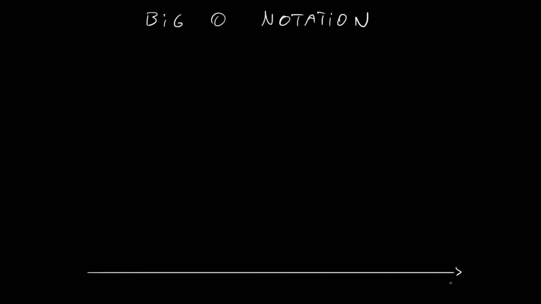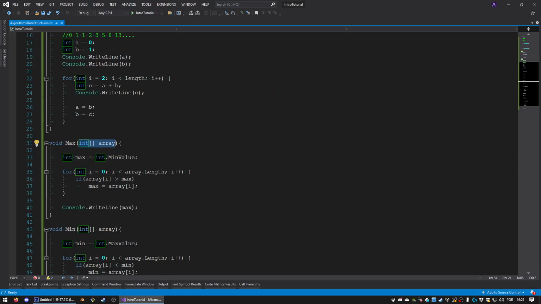So this will be our array dot length. And in the y-axis, if I can draw it, we will put how many operations we will need to do, like how many of these operations we will need to do.